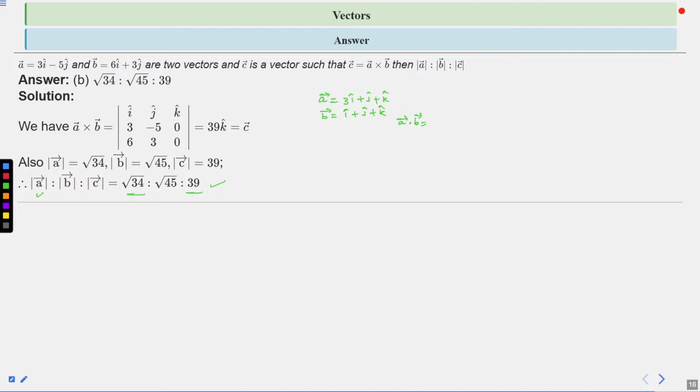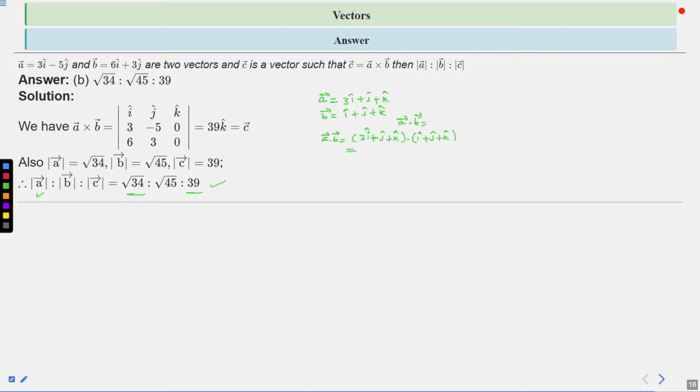What is A dot B? So A dot B is what? The value of A is 3 I cap plus j cap plus k cap, dot B vector, which is I cap plus j cap plus k cap.